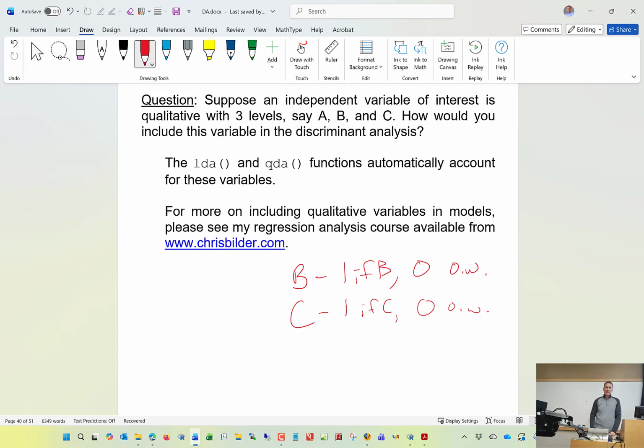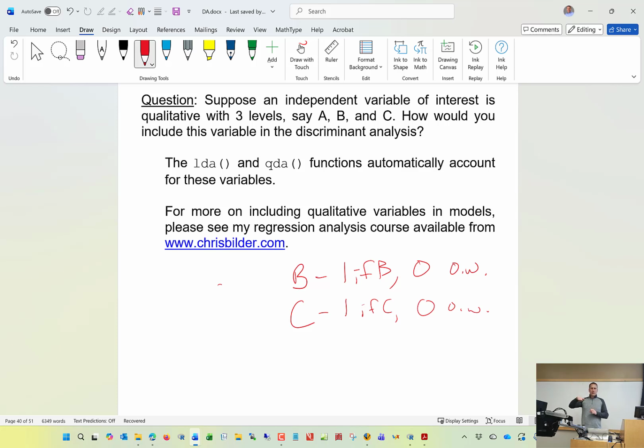Why not? For those of you who've had this kind of stuff before. Yeah, it will be essentially at the base. So notice, if I have something that's B, I'm going to have a value of 1 and a 0 to represent it. So I have, let's say, 2 new independent variables in my data set that are indicator variables.